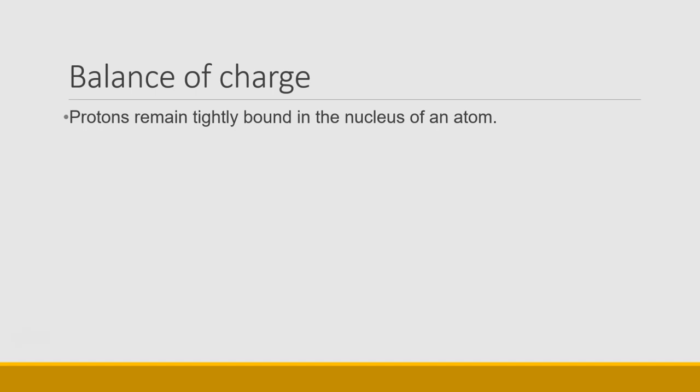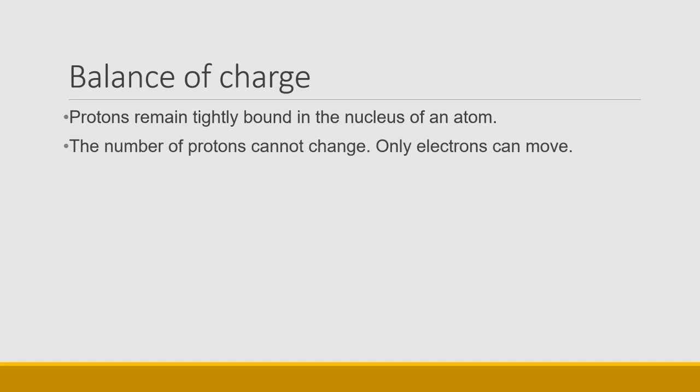As I already mentioned, protons don't move around. They are tightly bound in the nucleus of an atom. So the number of protons in an object can't change. If you have 1,000,000,000,000 protons in your body, that can't change. However, electrons can move around.